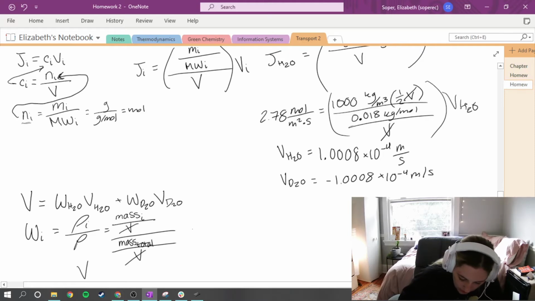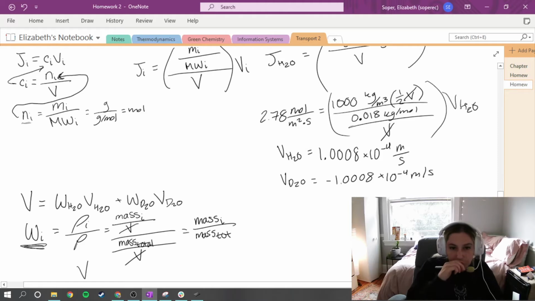Then the volumes cancel, and you get the mass of the component over the total mass, which we know is the mass fraction.